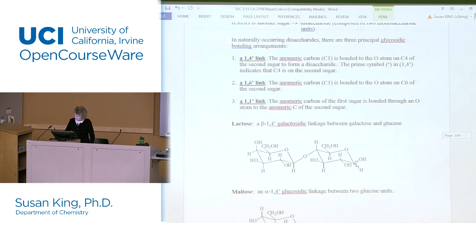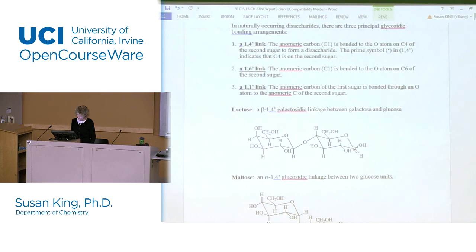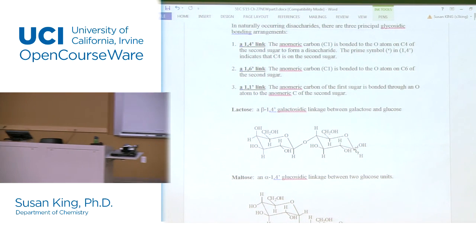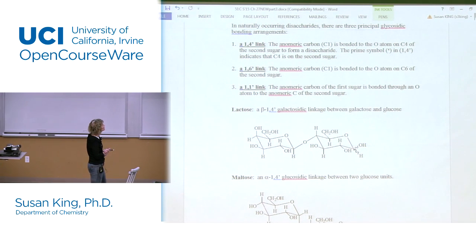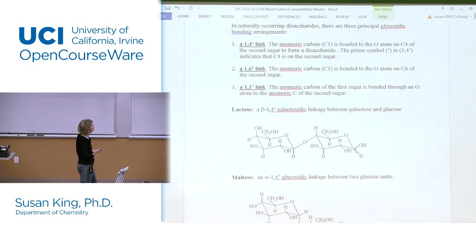So this is lactose. All right, so one of those monosaccharides that makes up lactose is glucose. Which one is glucose? This one or this one? That's glucose. Which epimer of glucose is this one? 1, 2, 3, 4. C4 epimer of glucose. Okay?